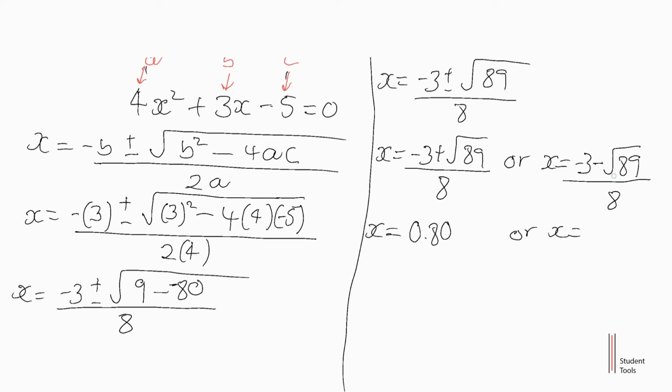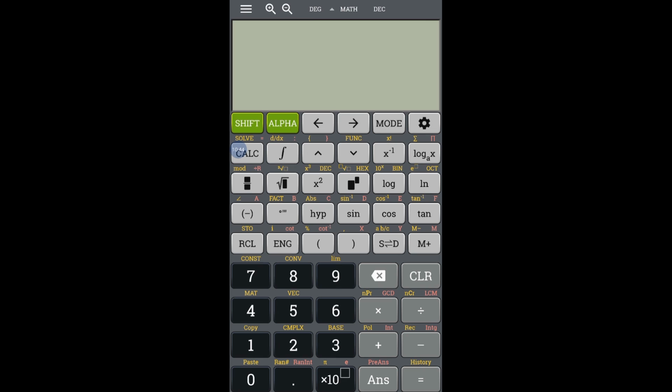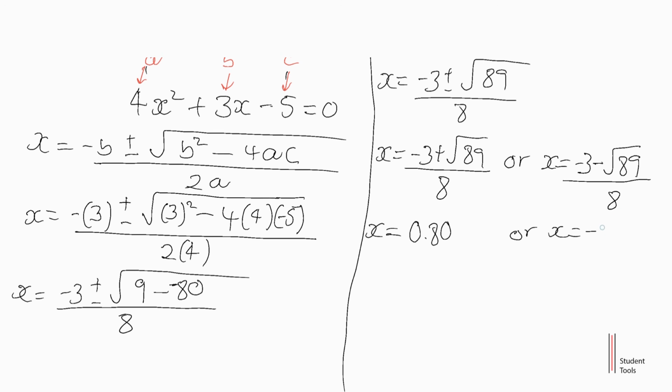And then for the second value of x, let us punch again into our calculators. Negative 3 minus the square root of 89 over 8. We have negative 1.554. Yes, correct to 2 decimal places, that is negative 1.55. So that is how we solve our x in this quadratic equation.